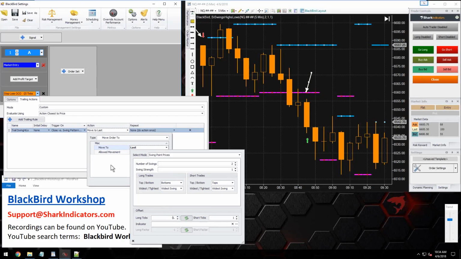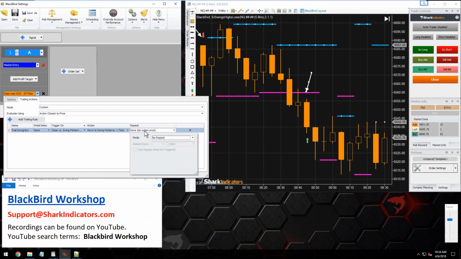So set your stop loss tick offset from the indicator plot if you want that. And then the repeat.